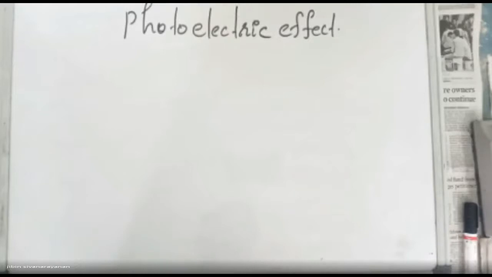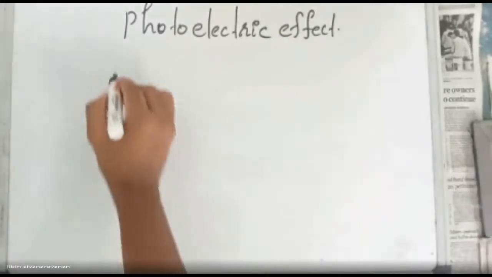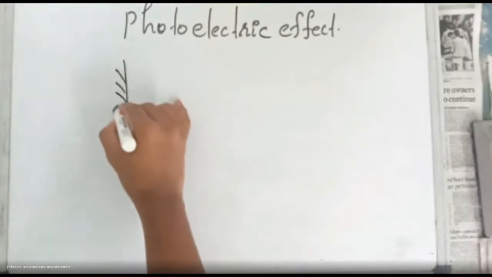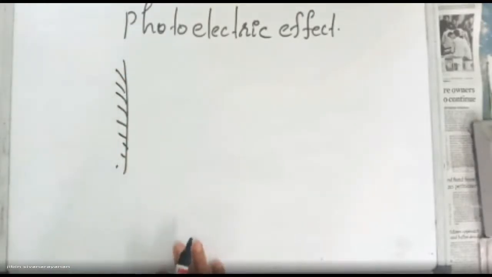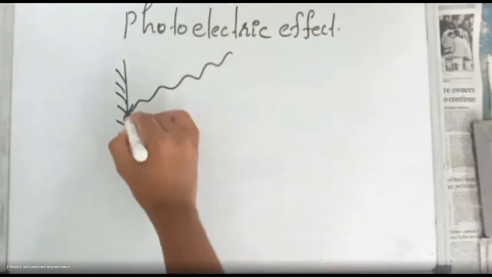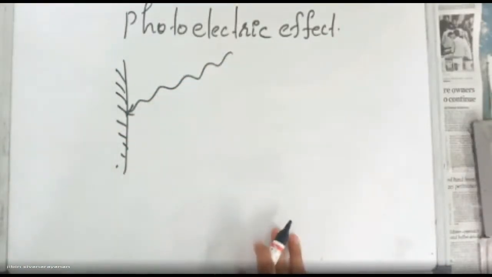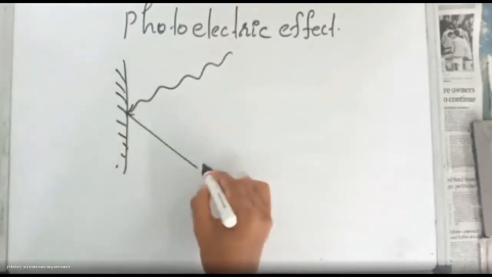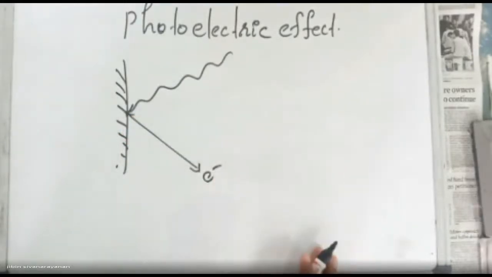The energy required to eject the electron should be comparable with the energy of the incoming light. Consider this as the metal surface. Radiation is falling onto the metal surface, so the electron gets ejected.